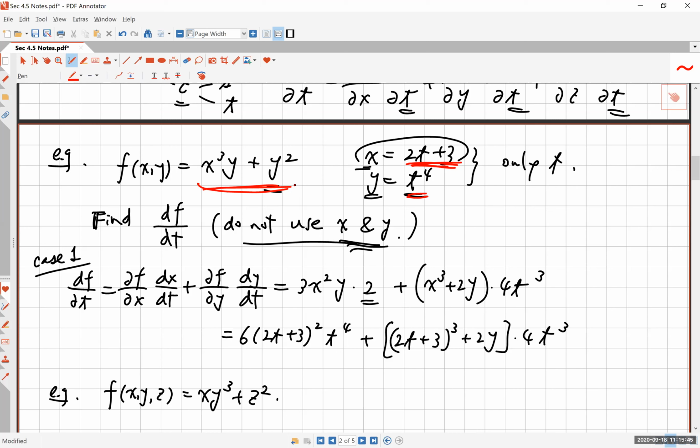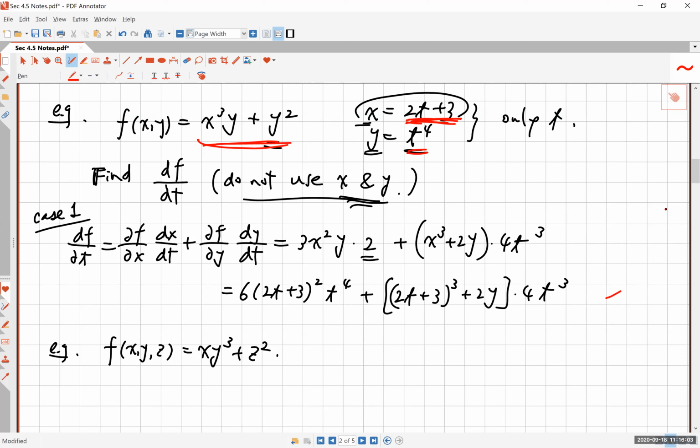That will take you some time because you have to cube it, and that's not a simple thing. But once you do that, you can simply differentiate it. And of course, you will get the same answer. It will not be as complicated as this. But again, we are practicing the chain rules. And sometimes you can do a simple substitution like that. So it is important for you to know the chain rules.